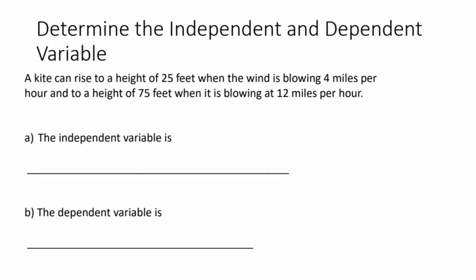A kite can rise to a height of 25 feet when the wind is blowing 4 miles per hour to a height of 75 feet when the wind is blowing at 12 miles per hour.